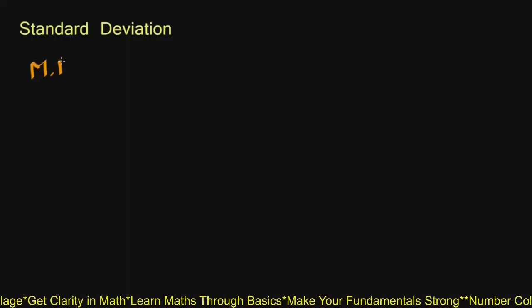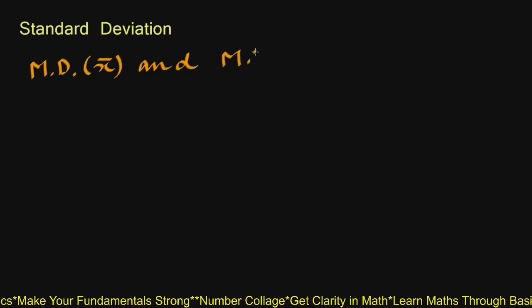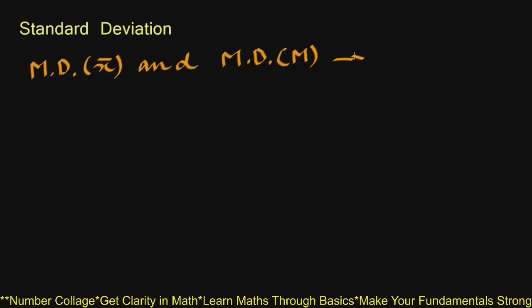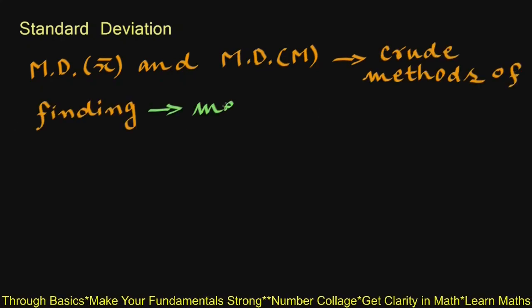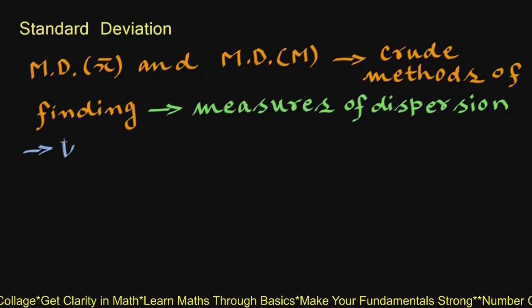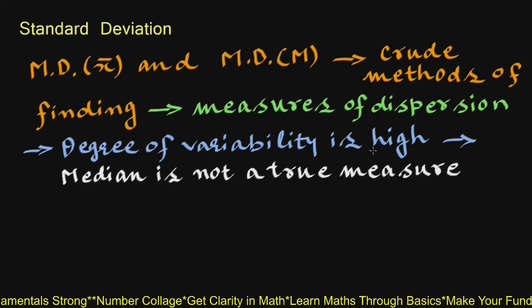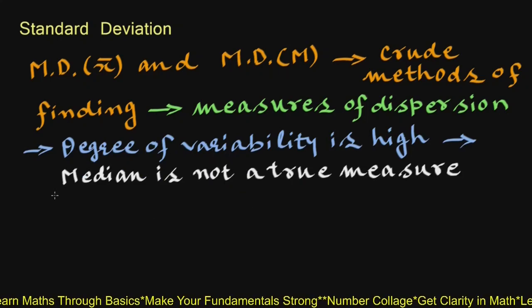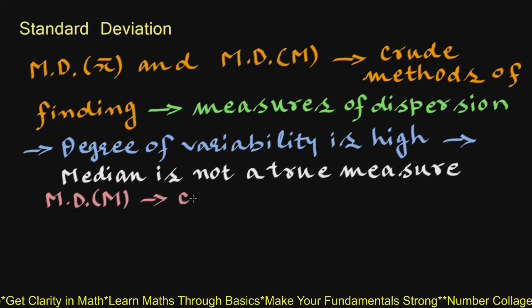Mean deviation about mean x bar and mean deviation about median are rather crude methods of finding measures of dispersion, because if the degree of variability is high, then the median is not a true measure of central tendency. Therefore, mean deviation about median cannot be relied upon.